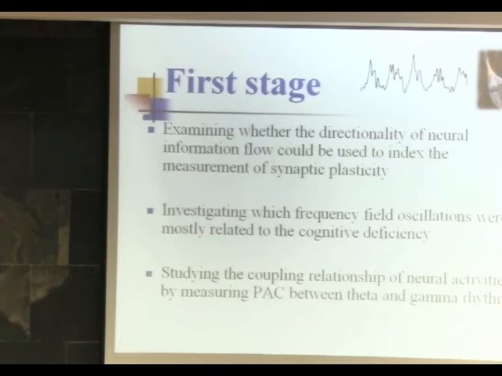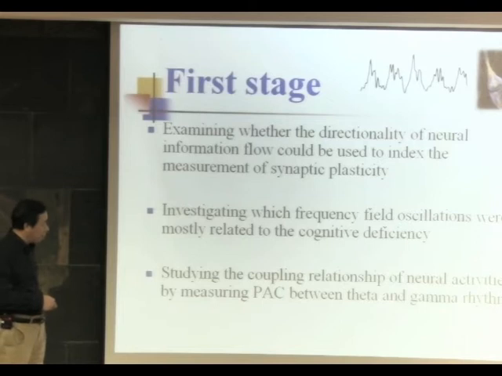Then we are investigating which frequency oscillations are most related to cognitive deficiencies. Then we are studying the coupling relationship of neural activities by measuring phase amplitude coherence between specific frequency bands, theta and gamma regions.